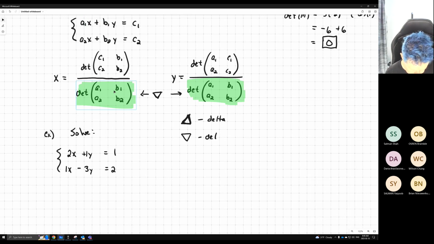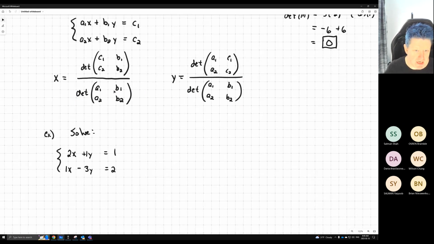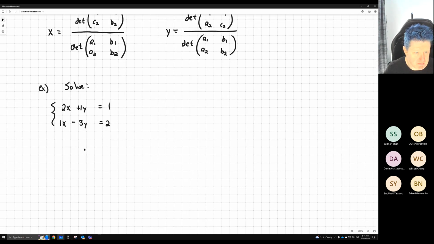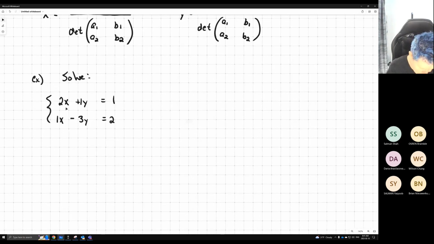Now, let me backtrack so that I don't have all this color all over my screen. All right, so what I'm going to do first is find this denominator determinant, this thing called del. Now in order to figure out del, I just need to look at the left side of my system and pull off the coefficients.